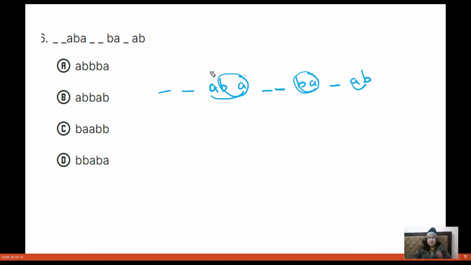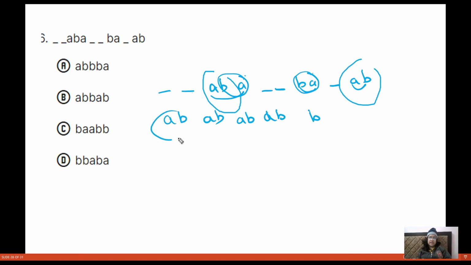So when I observe this, I see either AB is occurring or BA is occurring. So if I get AB here, then I will get AB here, then AB here, then AB here, then again AB here.